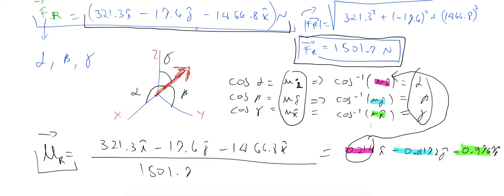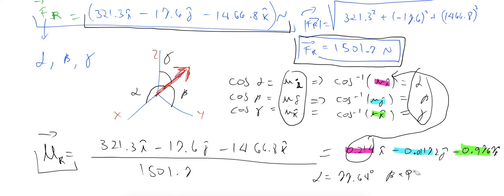So I'm going to do cosine inverse of that first one, and then we get 77.64 degrees for alpha, and then beta is equal to, bear with me one second, 90.67.